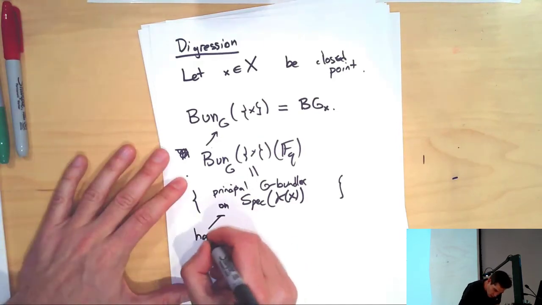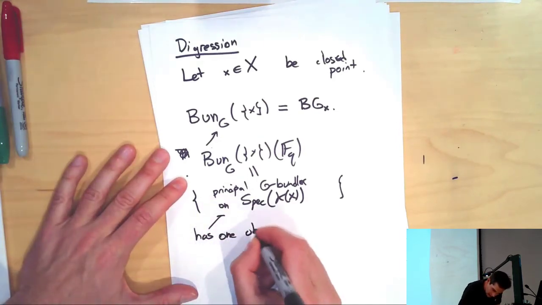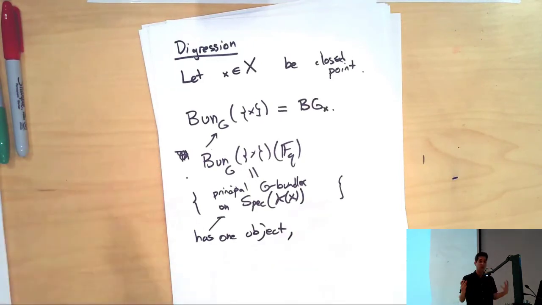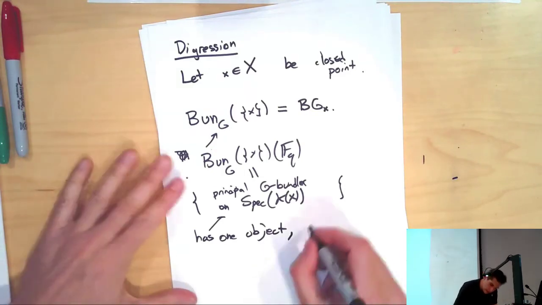So this category has one object up to isomorphism, but that object has some symmetries. It's the trivial G-bundle, so its symmetry group is exactly the group G of kappa x.